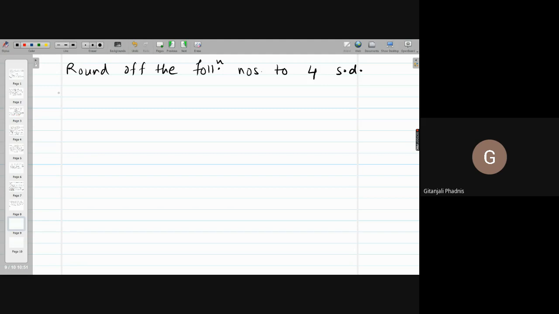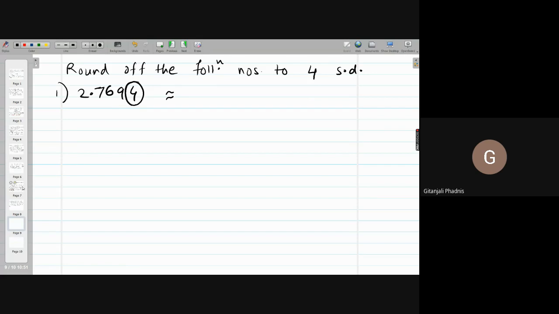First one is 2.7694. What will you do for the rounding? How many significant digits does it have? 5. We have to make it 4, so we have to discard the 5th digit. This 5th digit is 4.